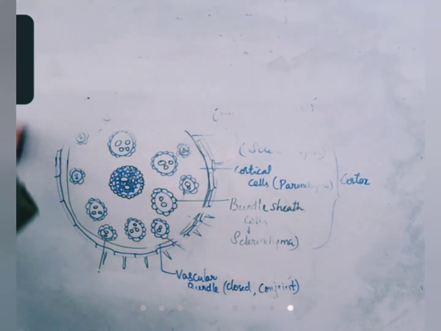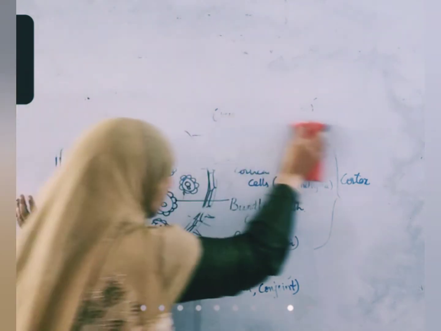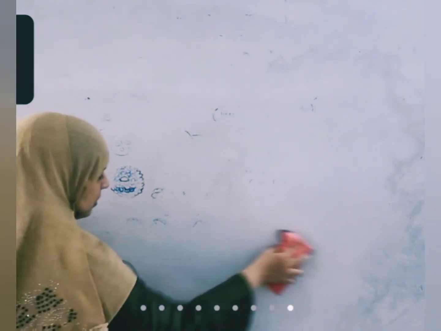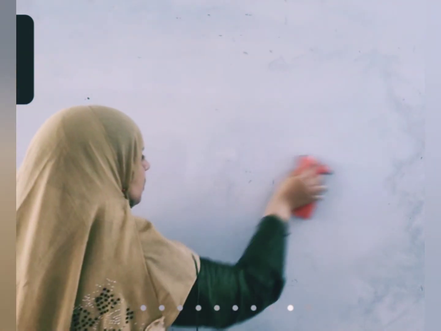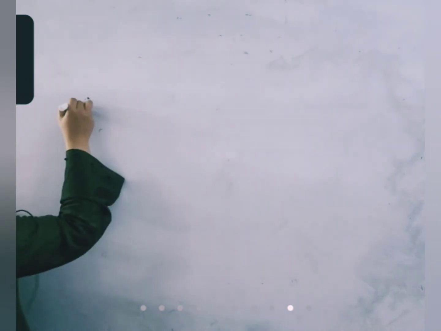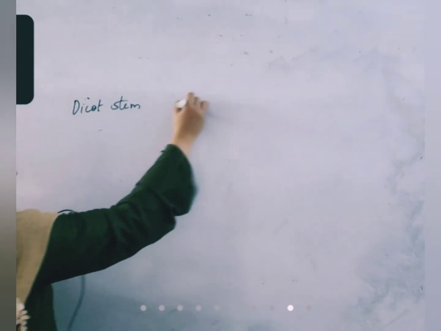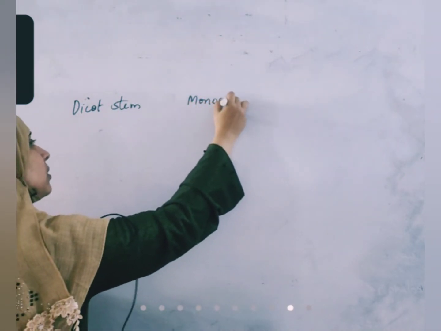We'll try to understand it a little bit closer. See, this is dicot stem. This is monocot stem.